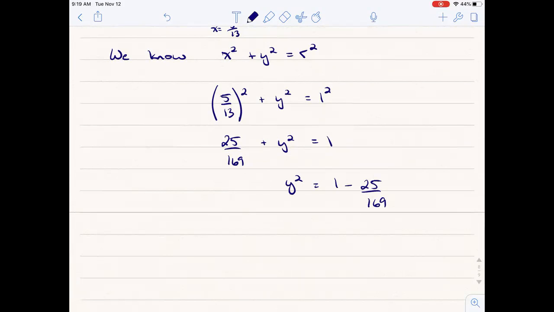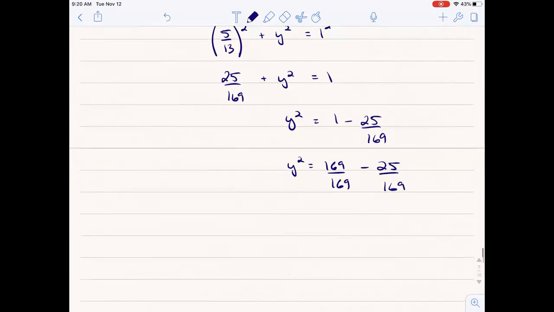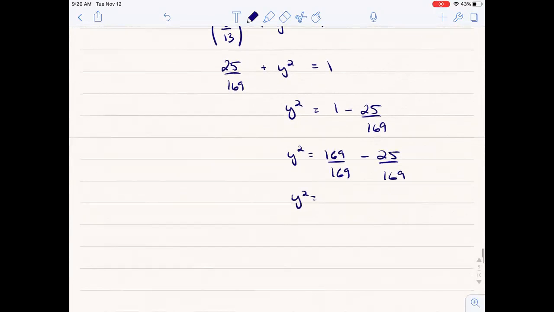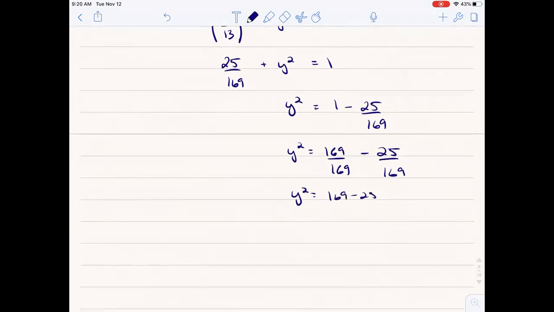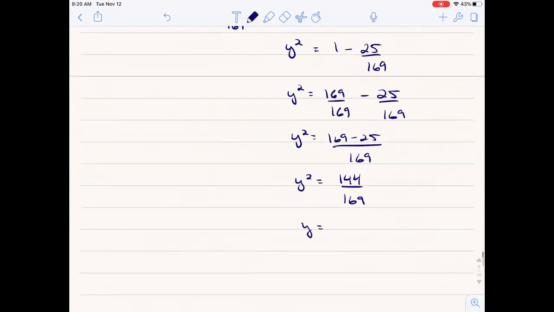Getting this over a common denominator, multiplying the 1 by 169/169, I get y squared is 169/169 minus 25/169. Y squared is 169 minus 25 over 169. So y squared is 144/169. If we're solving for y, we need to take the square root of these.